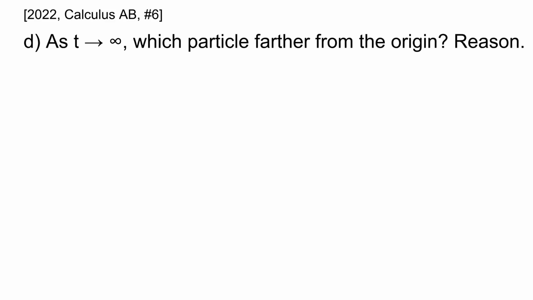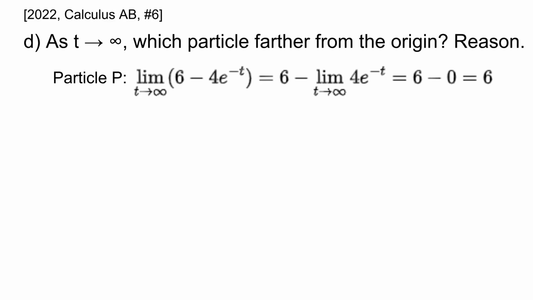In part D of this question, we are assuming that t is approaching infinity and then asked which particle will be farther from the origin as t approaches infinity and to provide a reason. So for particle P, we look at the limit as t goes to infinity of 6 minus 4e to the minus t, which is 6 minus the limit as t goes to infinity of 4e to the minus t, which is 6 minus 0, or just 6.